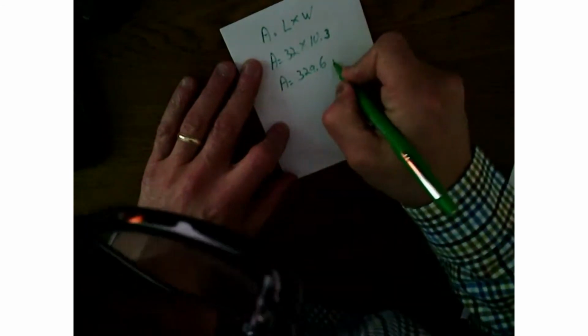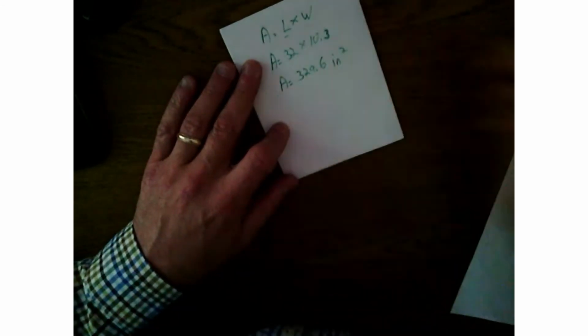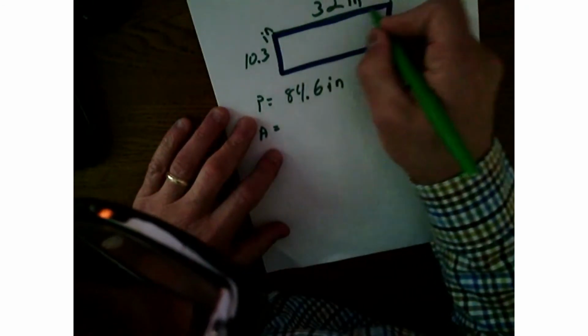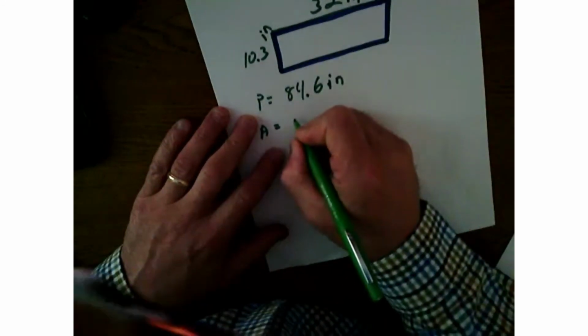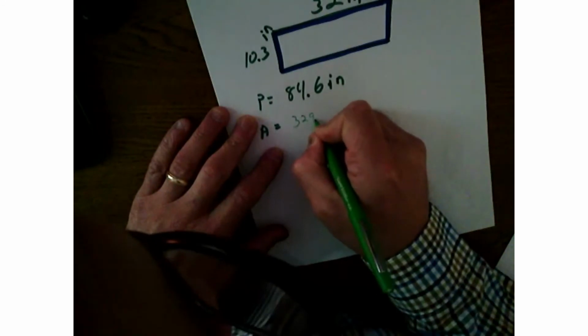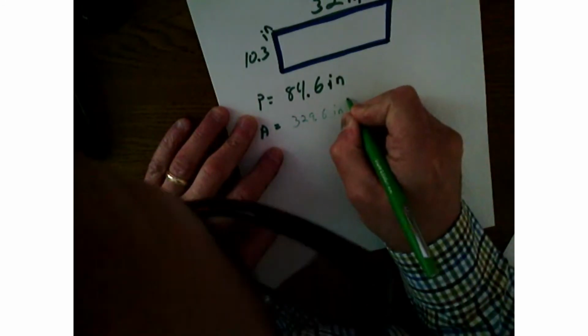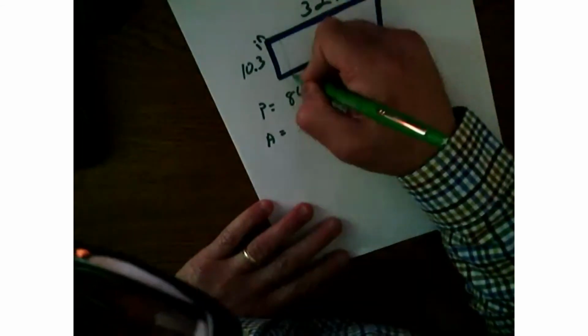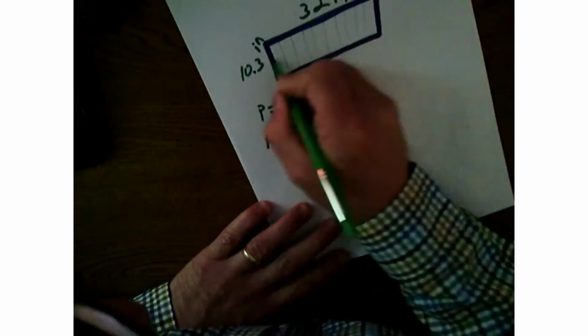Yeah, inches. Now this is squared because there's a length and a width, meaning for perimeter you didn't have a square. It was just a straight line, one dimension. That was the perimeter. Area is squared. It has two dimensions, a length and a width, meaning you would be making squares here. So there'd be 32 lines here and 10.3 lines here.